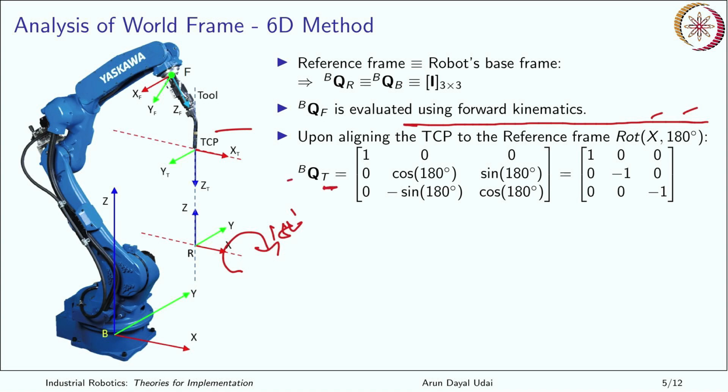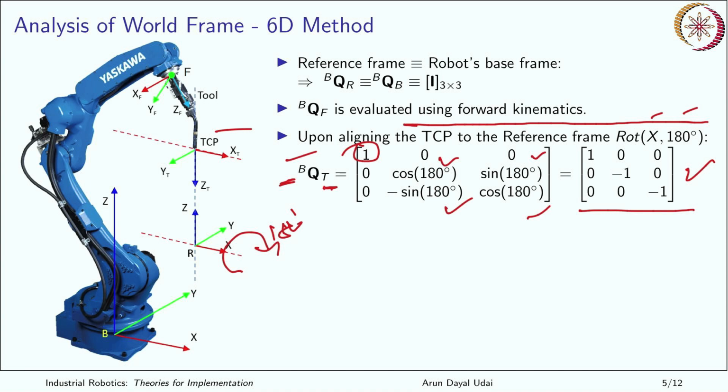Basically, TCP with respect to the base is a rotation about the x-axis by an angle of 180 degrees: cos, sine, minus sine, cos. This makes it exactly this. So this is your BQT, that is the transformation of the tool frame with respect to the base. This is now known.